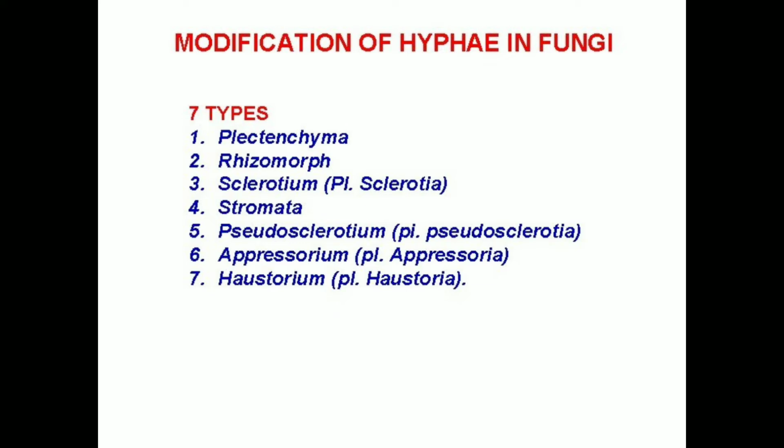That means if a favorable condition does not arise, the fungi modify themselves. Which are the modifications? First is plectenchyma, rhizomorph, sclerotium, stromata, pseudosclerotium or pseudosclerotia, then appressorium and haustorium. So these are the 7 modifications of fungi we have to mention here.